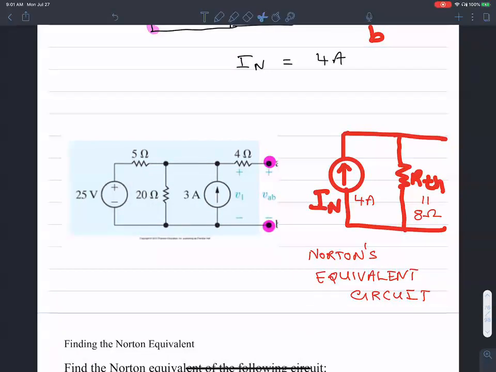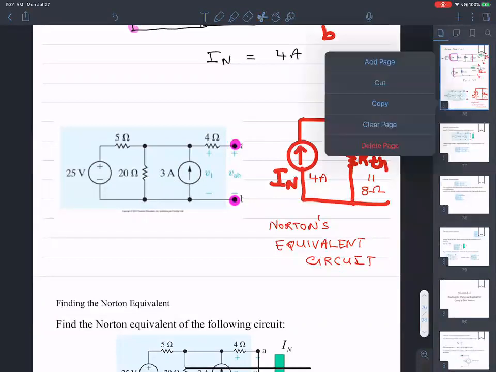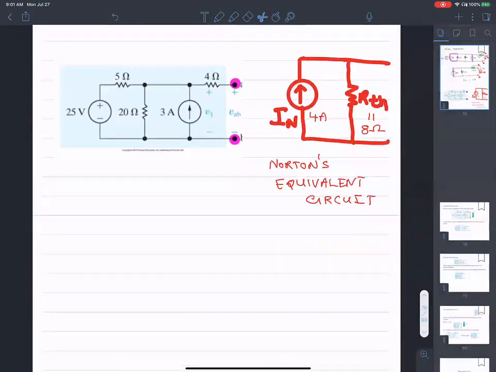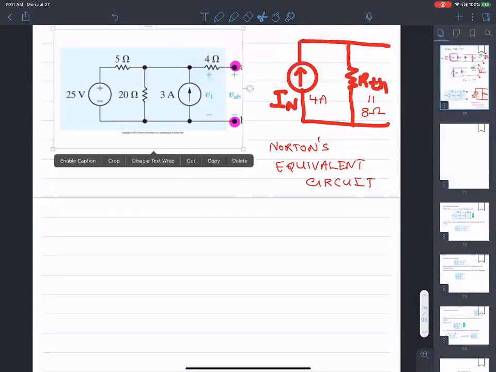So let's look back and see if we can find some pattern over here. This is the circuit we wanted to simplify.